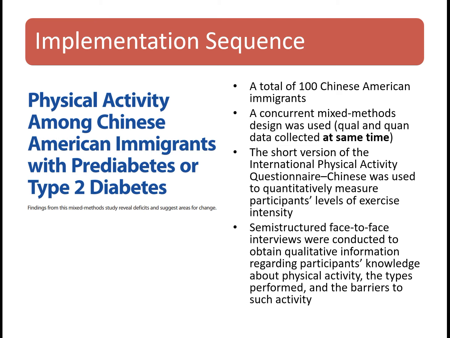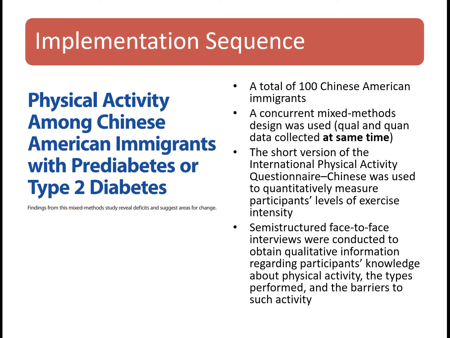So they used that to measure participants' level of physical exercise intensity. It's a survey, coming up with a score, so we view this as quantitative. Then they also did semi-structured face-to-face interviews to get qualitative information, about things like knowledge of physical activity, the types of physical activity that people actually did, and barriers to physical activity.